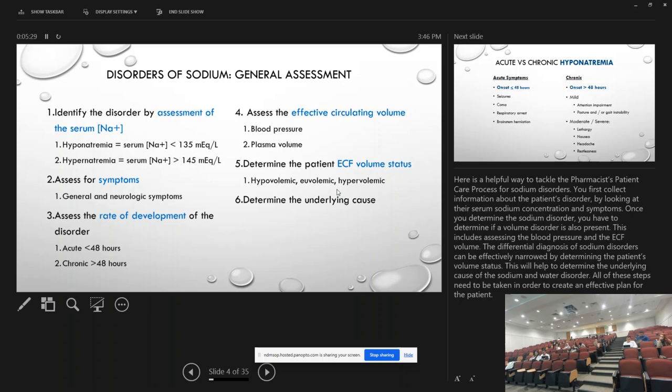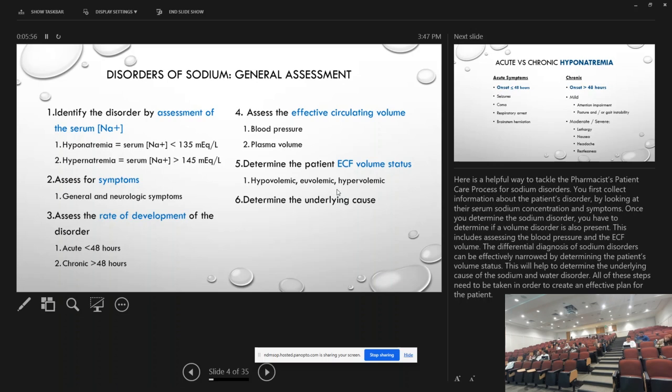You want to assess for the rate of development of the disorder. So did the sodium go from 140 to 120 over months? If it did, then it may not be as important to treat the patient back to 140 immediately. But did the sodium go from 140 to 120 within several hours?